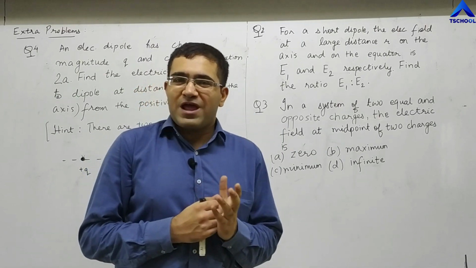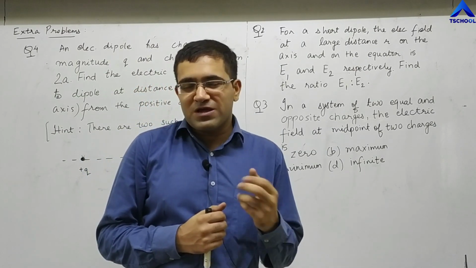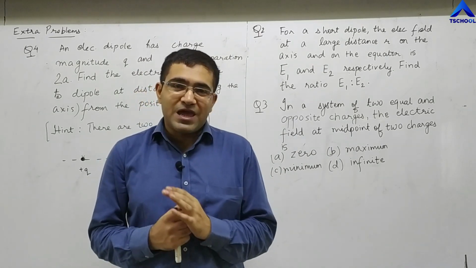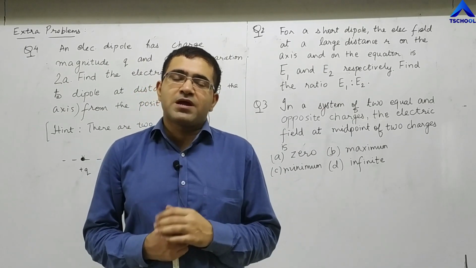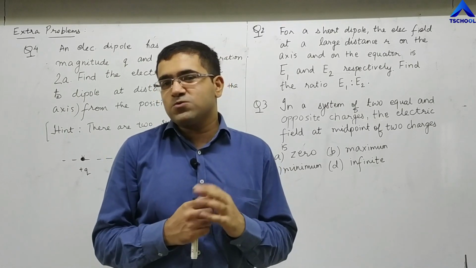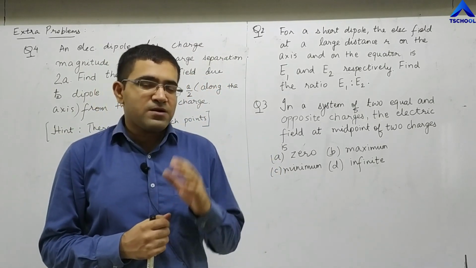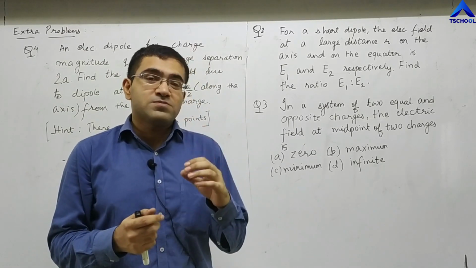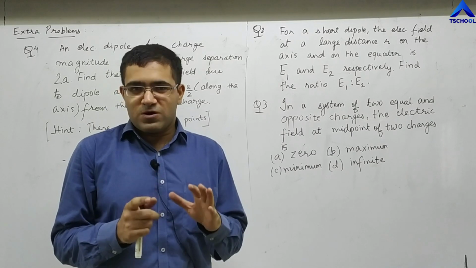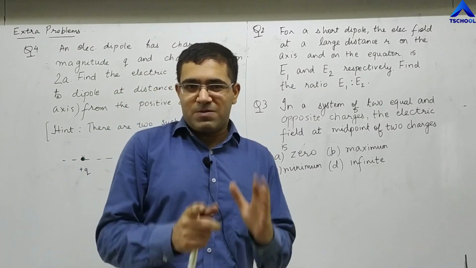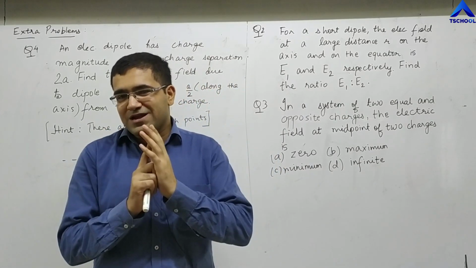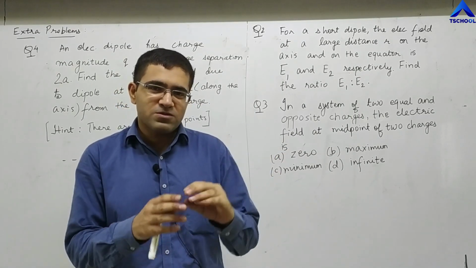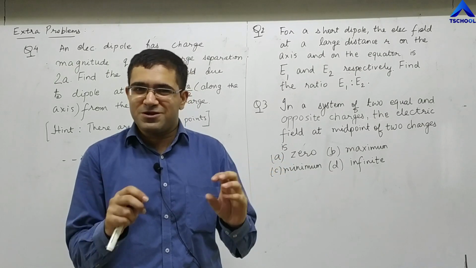And electric field on the equator is given by minus kp vector divided by r square plus a square raised to 3 by 2, where r is the distance of that point from the center of the dipole. Remember that. And 2a is actually the length of the dipole, or the distance between the charges in the dipole.